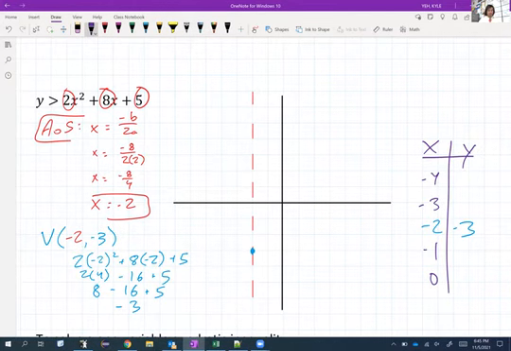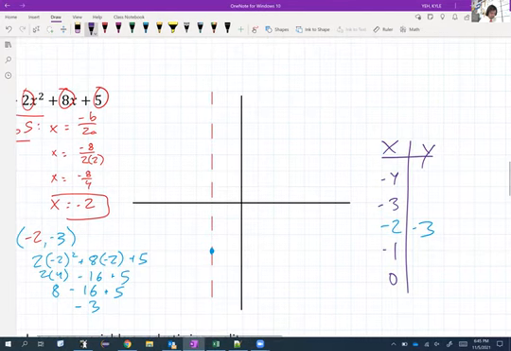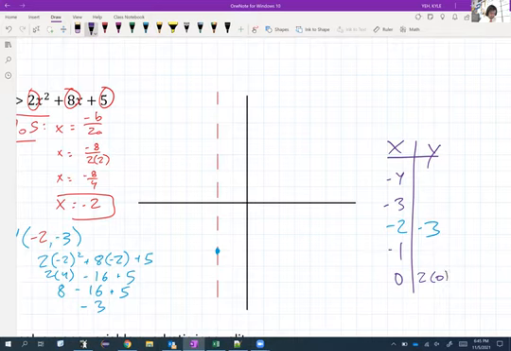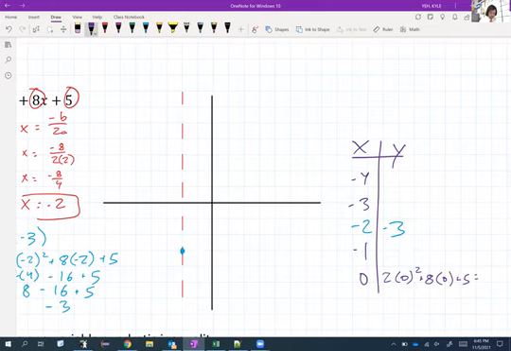I might plug 0 in first because I love plugging in 0. 2 times 0 squared plus 8 times 0 plus 5 is just going to be 5. So 0, 5 is a point on this parabola. And because it's symmetrical, I know that negative 4, 5 is also on the parabola: 2 away from the axis on the right, 2 away from the axis on the left.